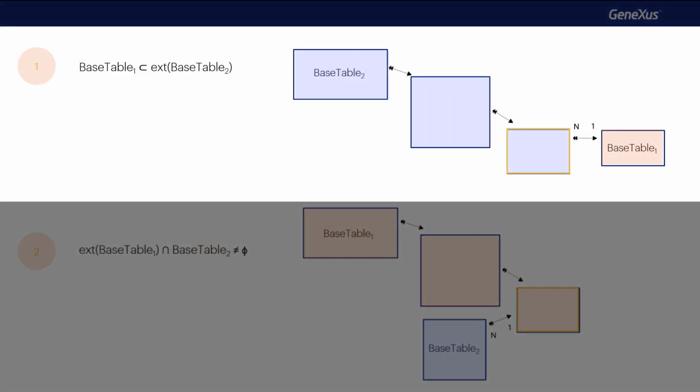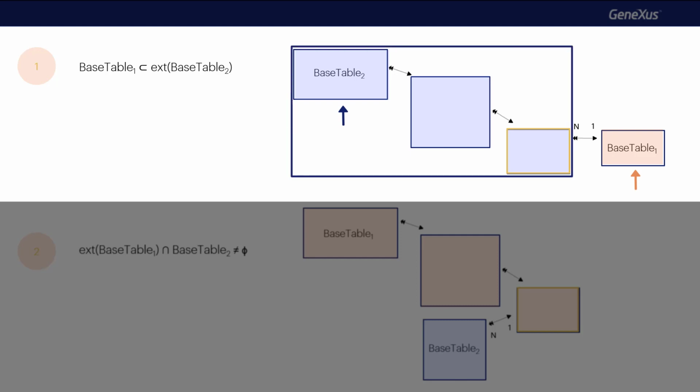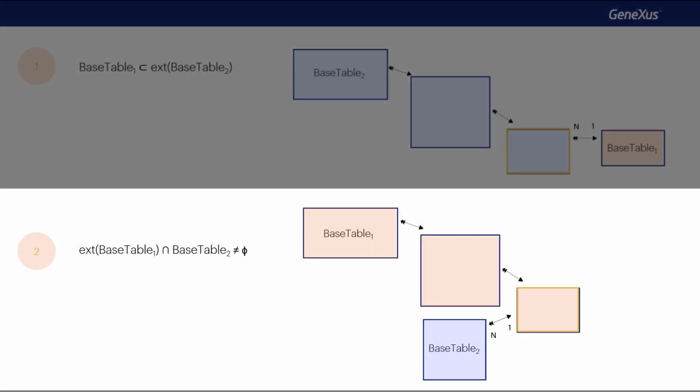If in the first case, this base table was run through, and for the nested one, this other one, and therefore the relationship was indirect 1 to n through the extended table of the nested one, in the second case, it's through the extended table of the base table of the main one. And it's here that the 1 to n relationship is established with the base table of the nested one.